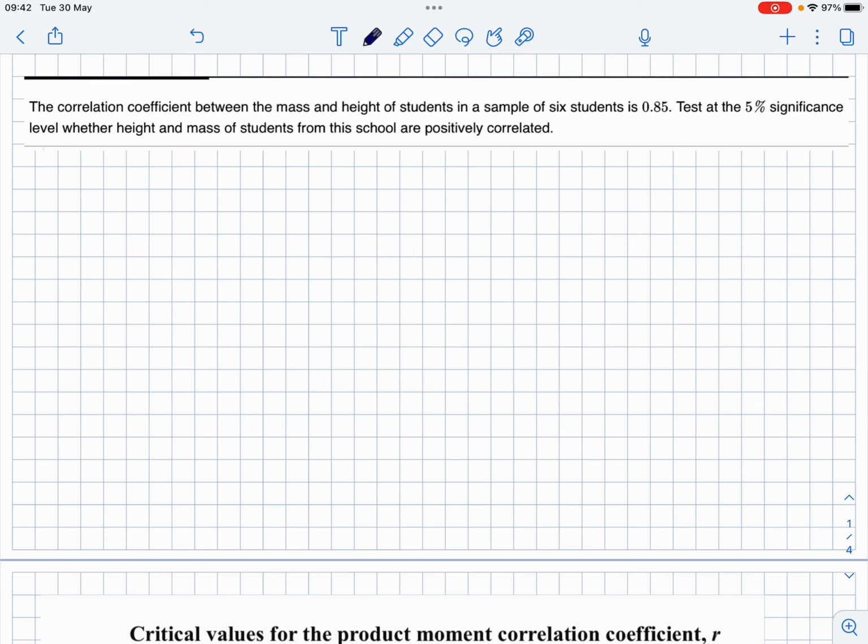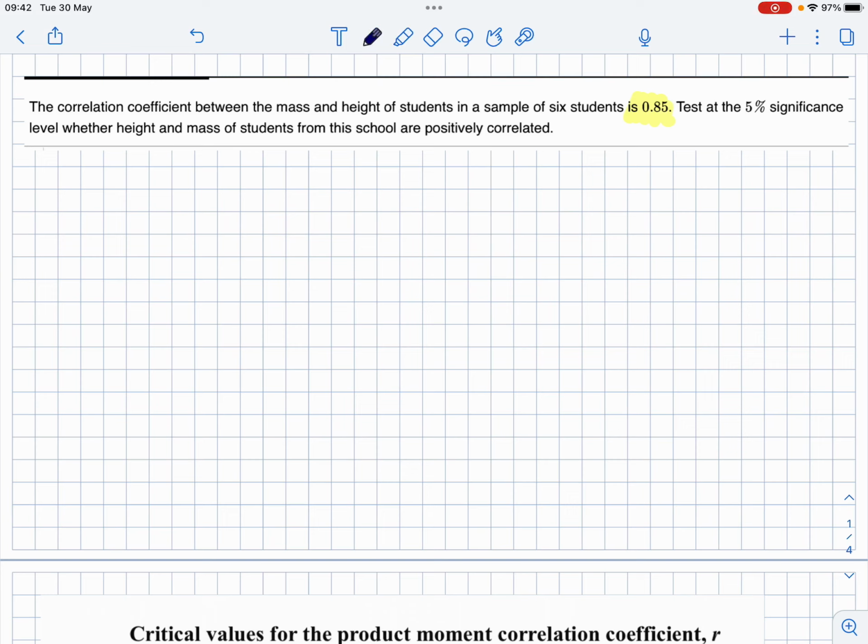The correlation coefficient between mass and height of students, so that's an obvious one where we think it's positively correlated, but they've calculated this value of r, which is 0.85, and we're going to test it at a 5% significance level.